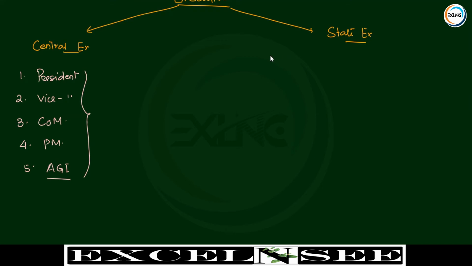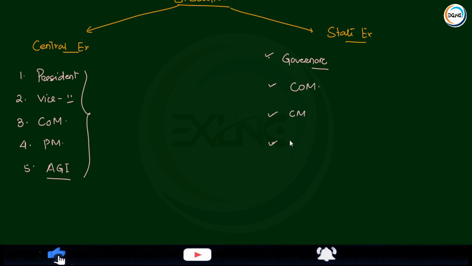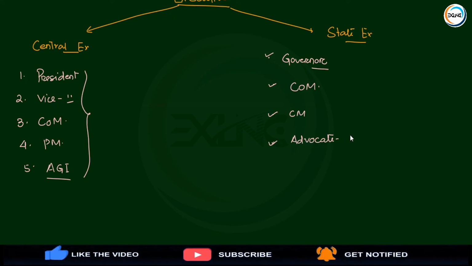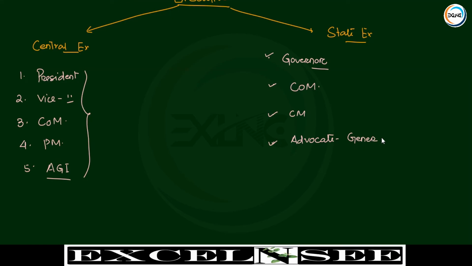When we say state executive, it consists parallelly, remember, of the Governor. There is no post equivalent to Vice President, so there will be no Vice Governor, do not confuse. So it is Governor, then Council of Ministers, then Chief Minister, and here there is the Advocate General of the state. We will take all these members and terms in a very detailed manner.